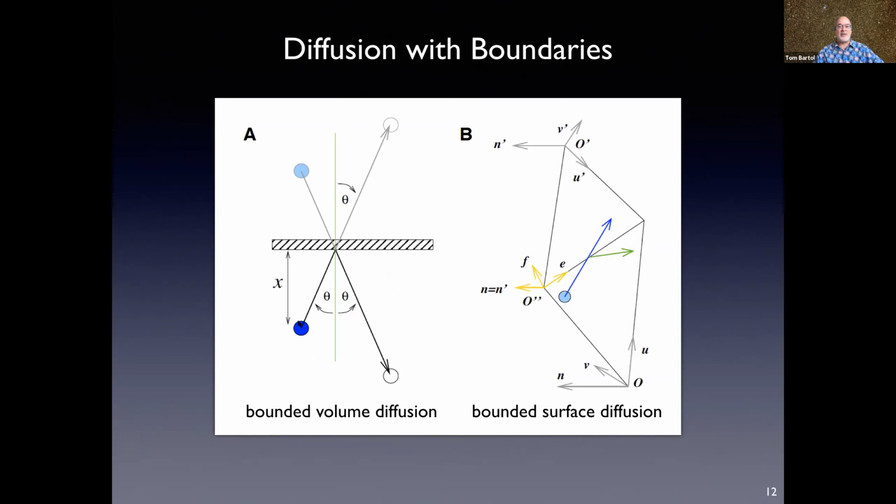Then if I have a particle, say, of A that's inside the surface, or toward the back side of the triangle, if that molecule of A diffuses with a certain distance and a certain direction, it might end up up here.